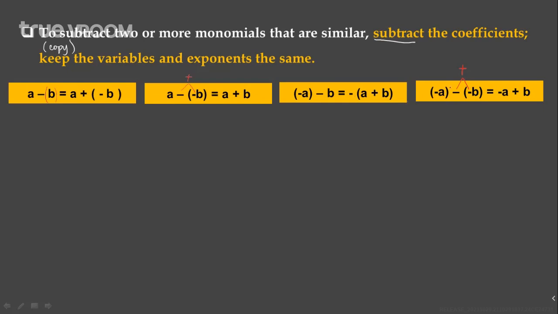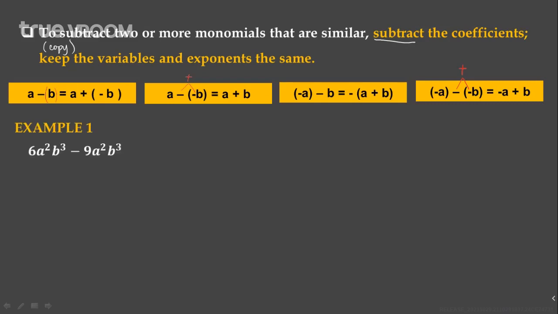And the last one, if the two numbers are both negative, negative times negative is plus. So negative A plus positive B, you are going to use the rule of addition.